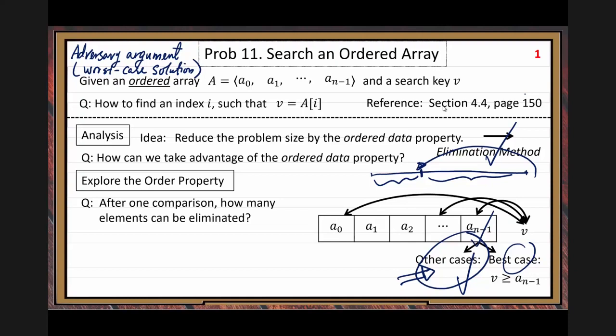So your key would go into the larger subarray. That's the answer from our adversary. Then we have to go there to do more work.